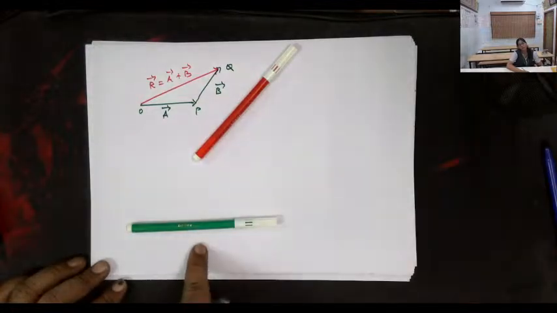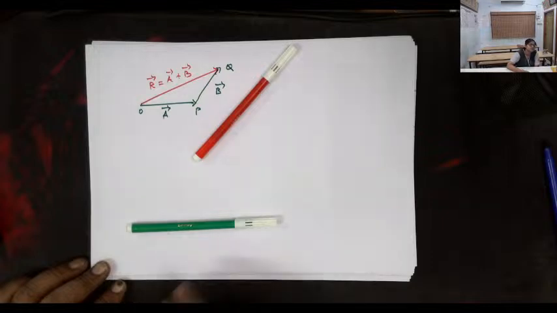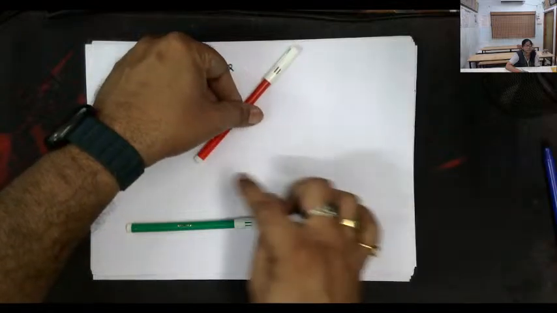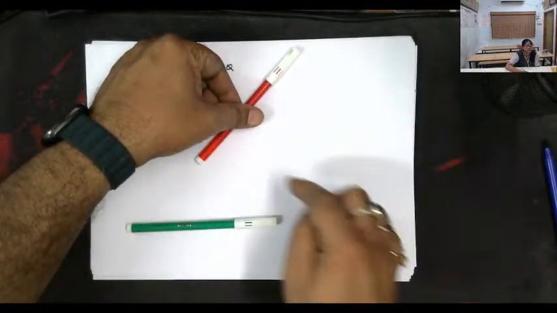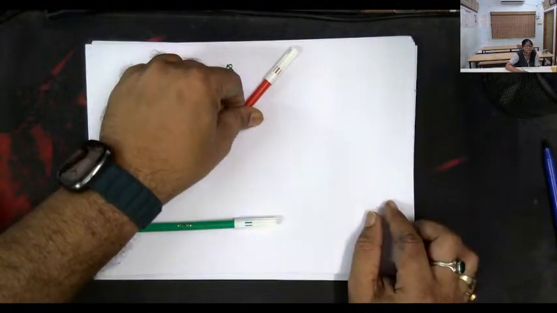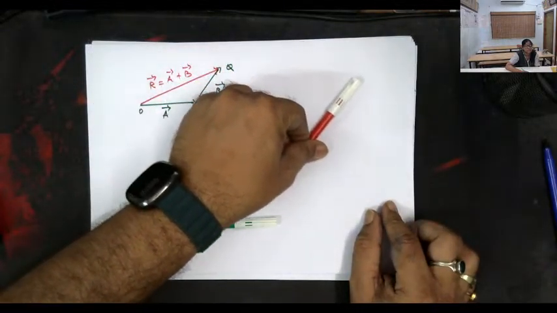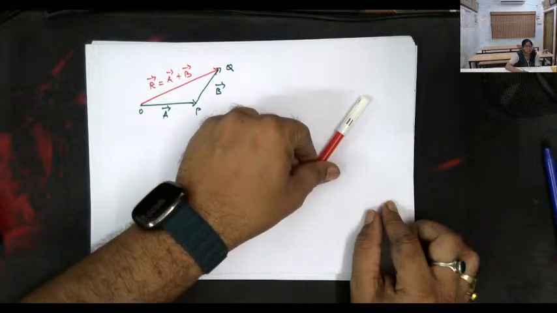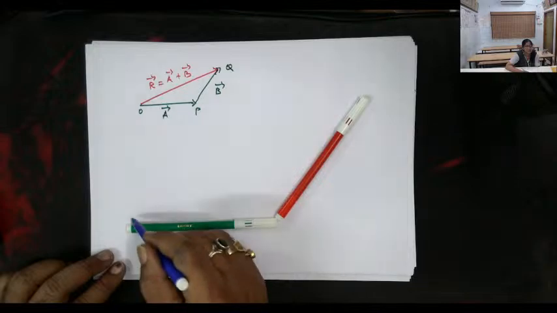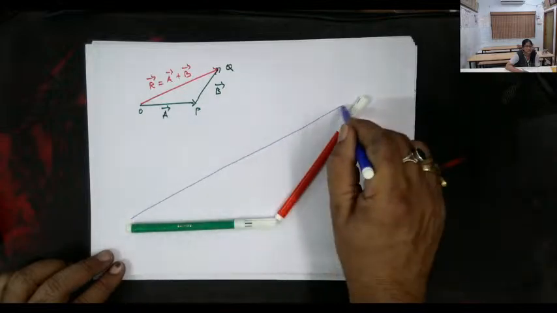Vector A, vector B. If I want to add these two vectors, what am I supposed to do? You have to simply fix this tail of B vector to the head of A vector without changing its angle. So bring it like this. Okay. Now you can connect this. Do you understand?